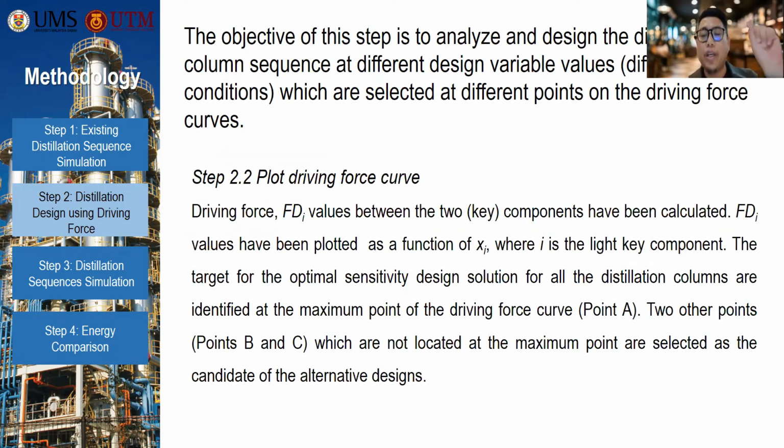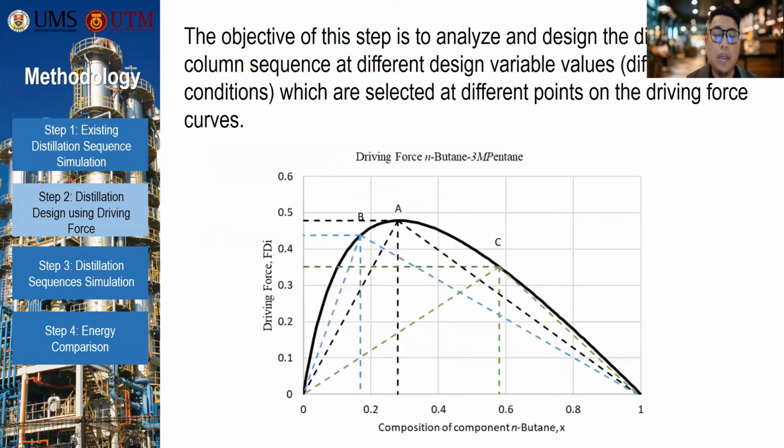We take point A, which is at the maximum, and points B and C, which are slightly below the maximum point, as design alternatives. Then we plot these individual driving force curves together with points A, B, and C for the individual designs.